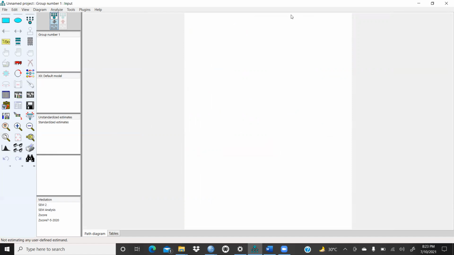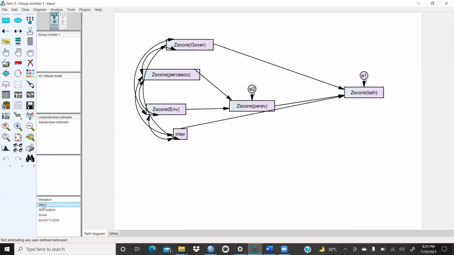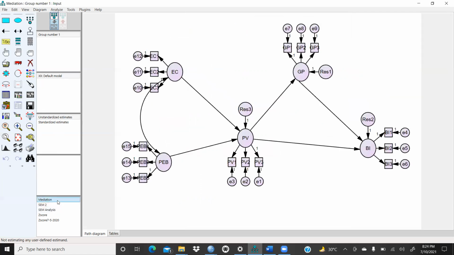These are some of the diagrams that I had prepared in my SEM.